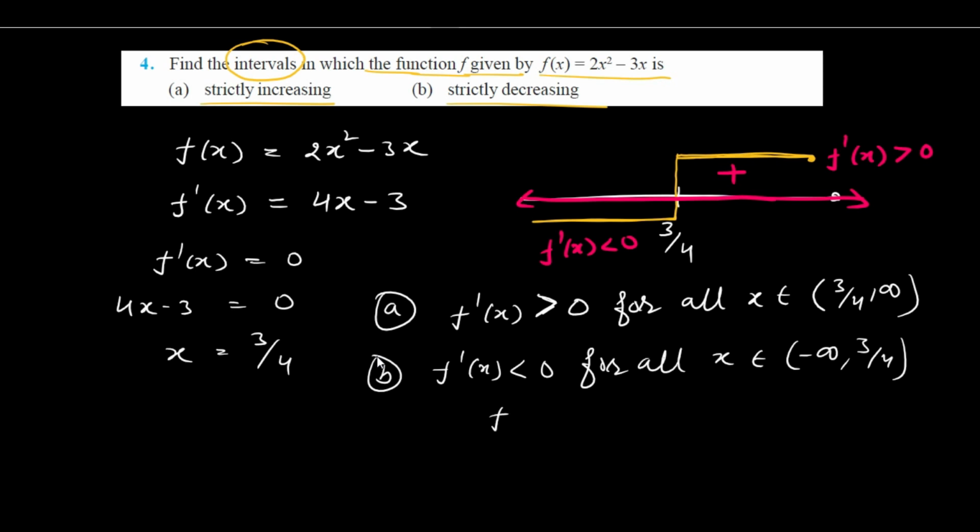So f is decreasing according to the interval. The interval 3/4 to infinity is for strictly increasing, and minus infinity to 3/4 is for strictly decreasing.